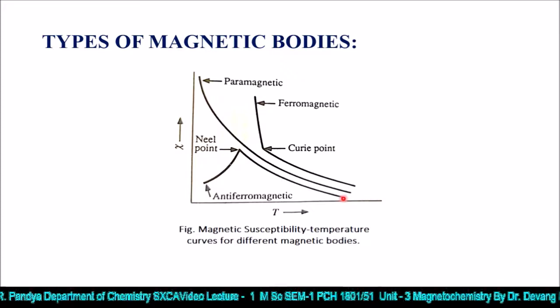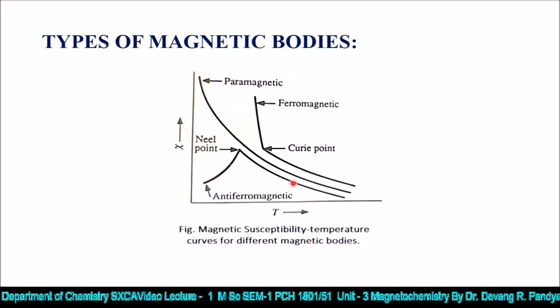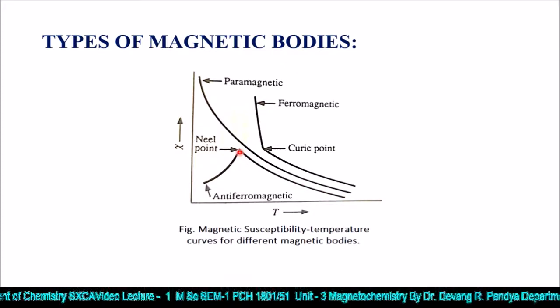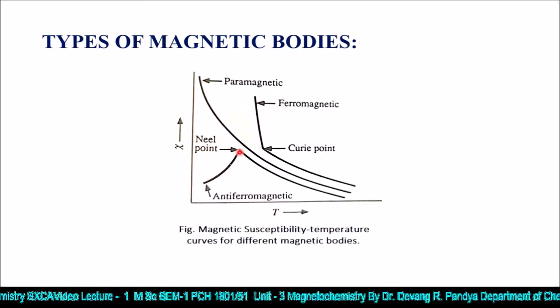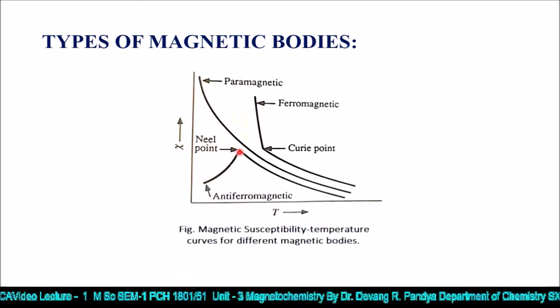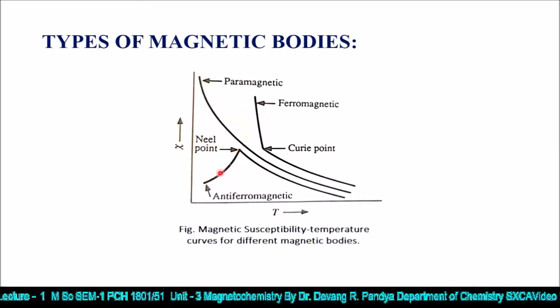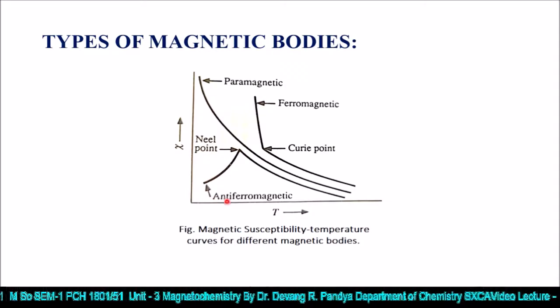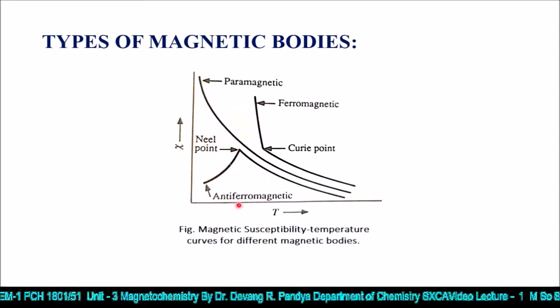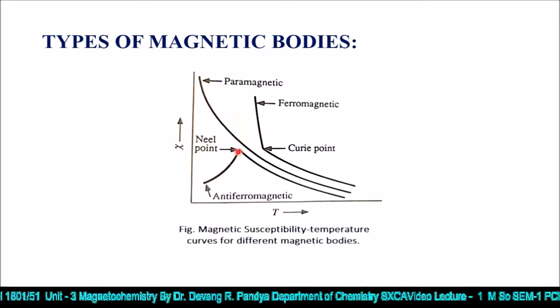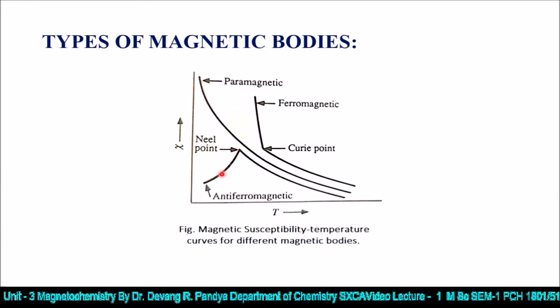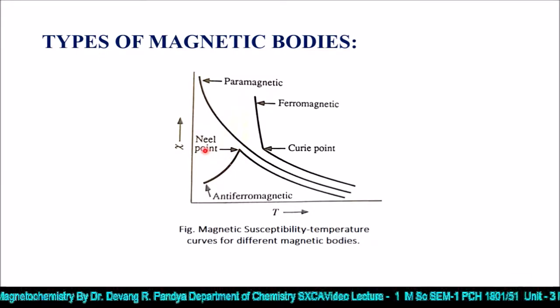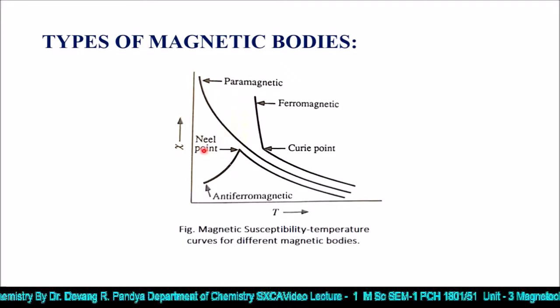when a paramagnetic material is cooled and reaches a temperature from which the magnetic property starts to decrease, the material acts as an antiferromagnetic material, and that temperature is known as the Néel point or Néel temperature.